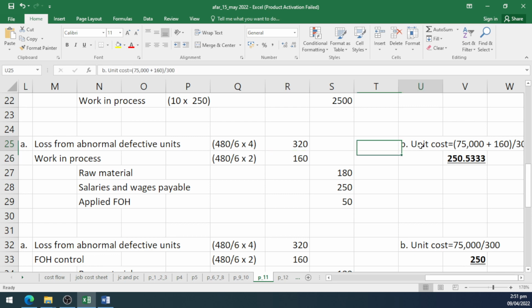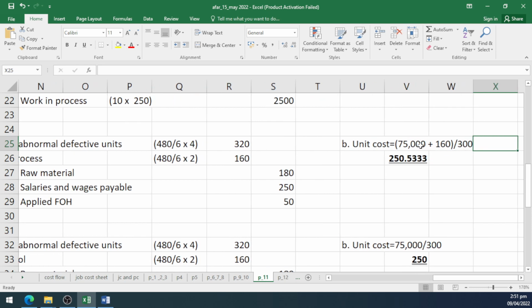Mag-i-increase ha. Class, pag defective, reworkable ha, normal at abnormal, pag ni-rework yun, good units na. So, 300 units pa rin tayo. 75,000 yung original cost. Tapos, nag-debit tayo ng work in process 160 over 300 units. Ayan po, nag-increase ng 0.53.